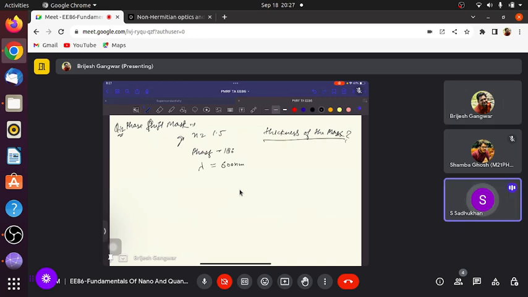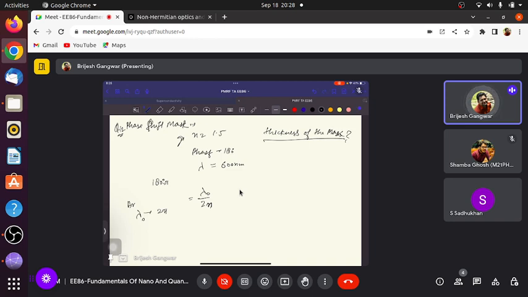I think it will be something like lambda by 2 for a 180 degree phase shift. For a 180 degree, pi shift, we need lambda naught by 2n, because one lambda corresponds to 2 pi.